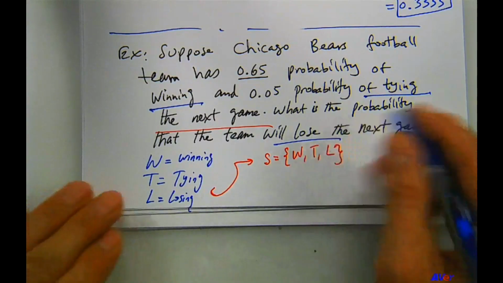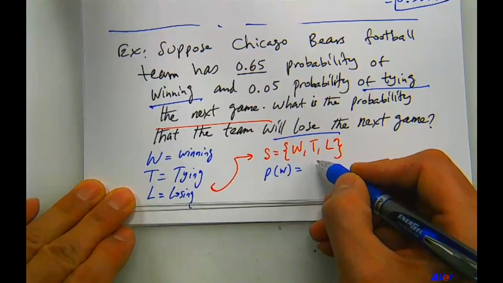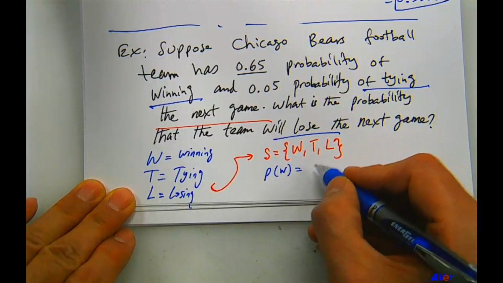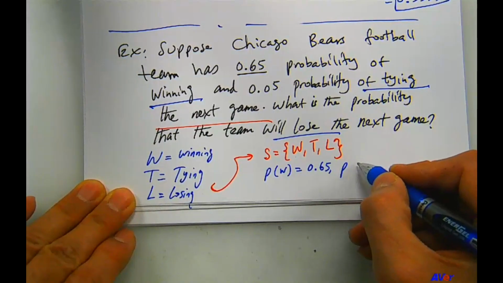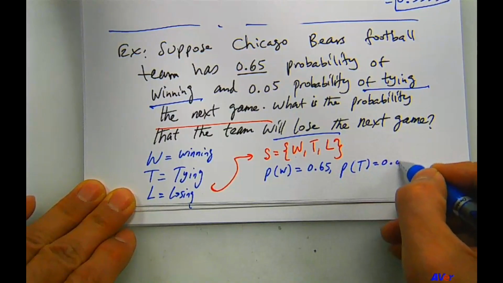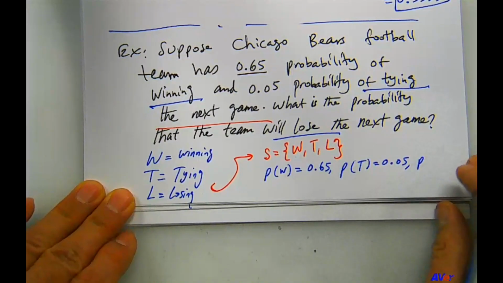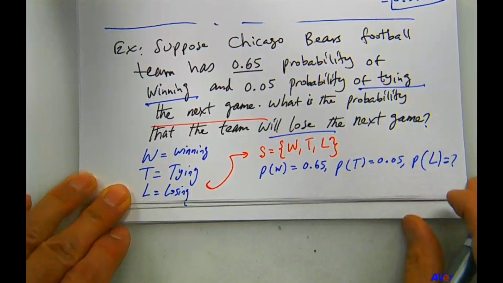So we already know that probability of winning is equal to 0.65. Probability of tying, or T, is 0.05. So they're asking us to find the probability of losing the game for this team, right?